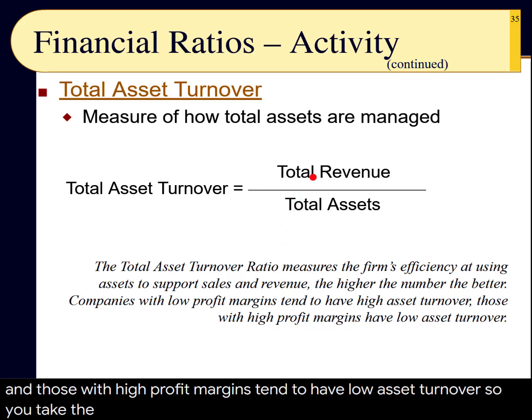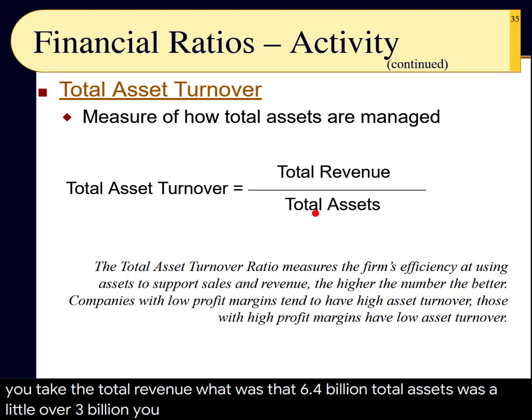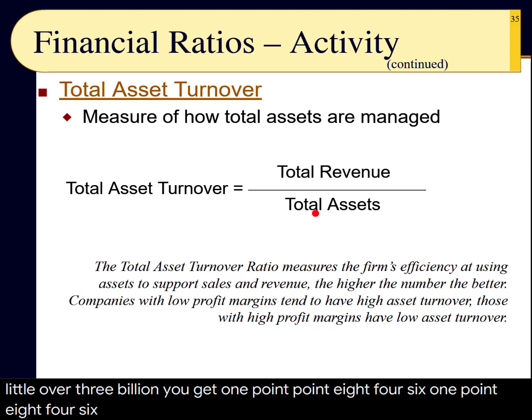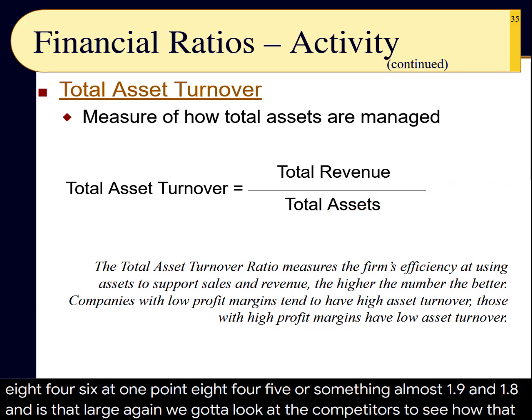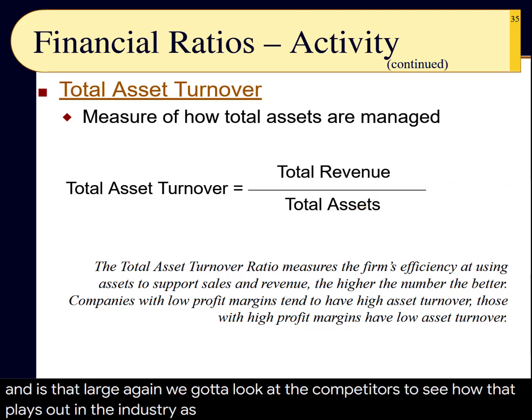So you take the total revenue, 6.4 billion. Total assets was a little over 3 billion. You get 1.846, or something like that, almost 1.9. And is that large? Again, we have to look at the competitors to see how that plays out in the industry as a whole.